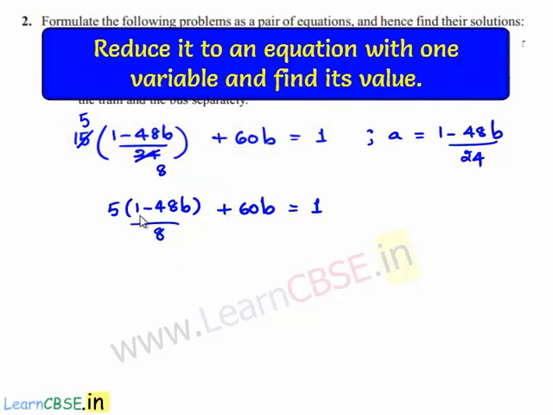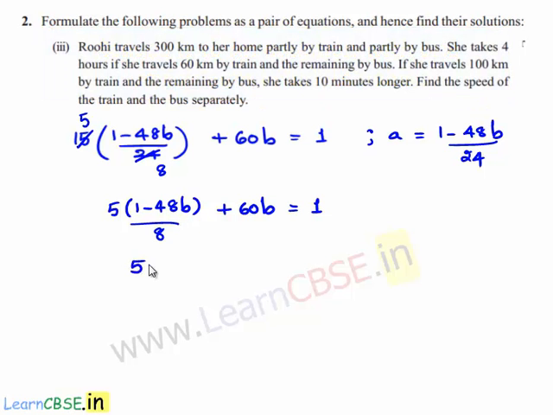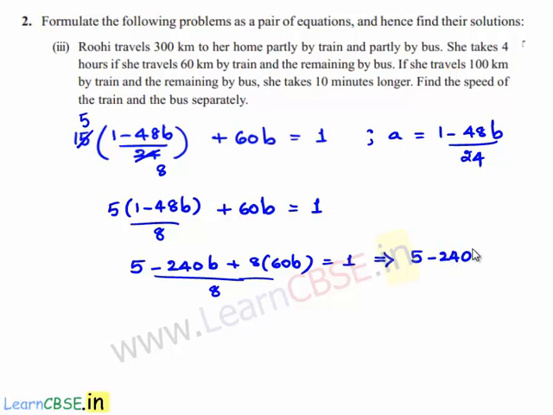Now 5 multiplied by (1 minus 48b) is 5 minus 240b, plus 8 times of 60b, divided by 8 is equal to 1. This implies 5 minus 240b plus 480b by 8 is equal to 1.